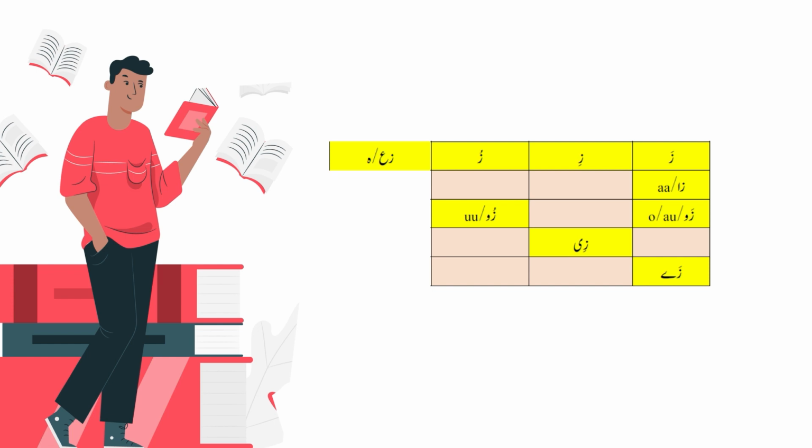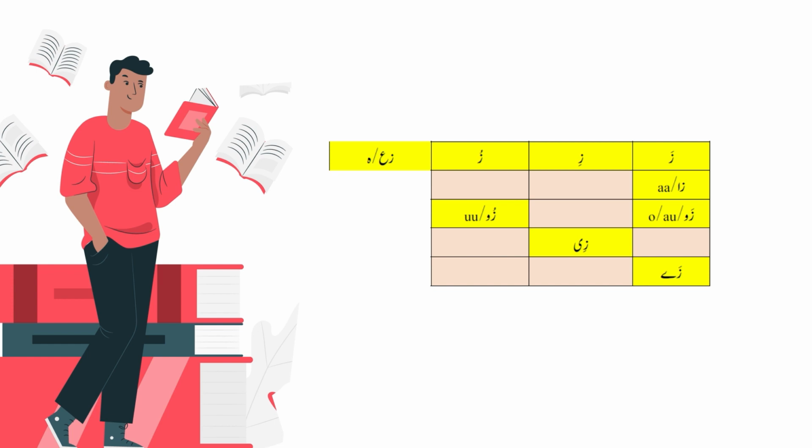And this alphabet also gives sounds which are similar to Zal. When we apply these diacritic marks to Zal and Ze, they sound similar.